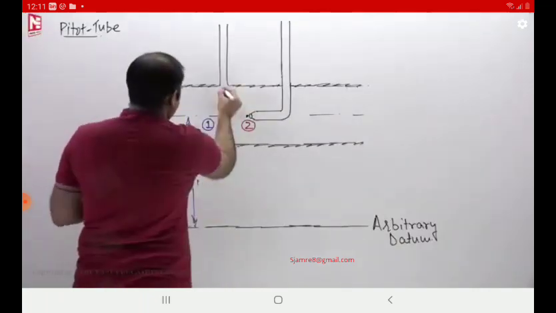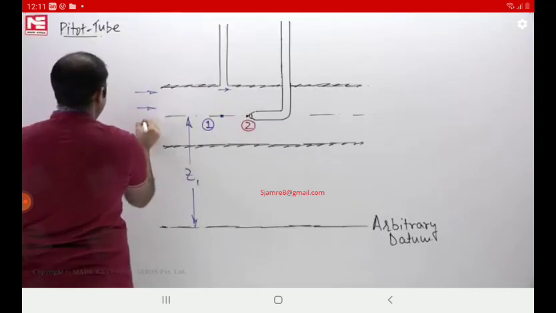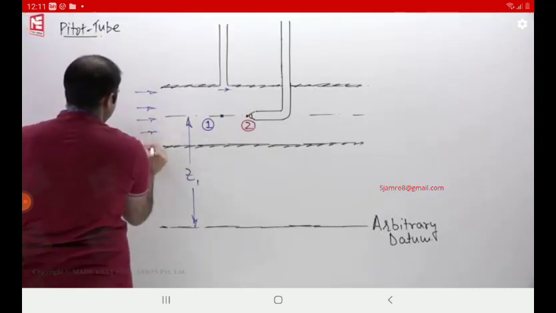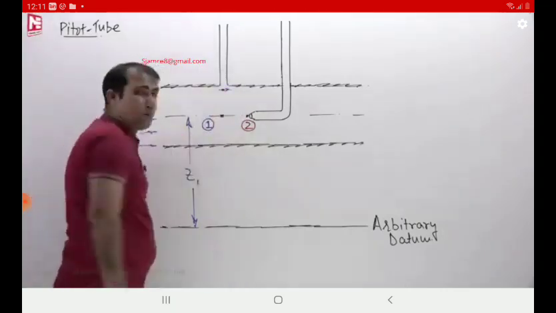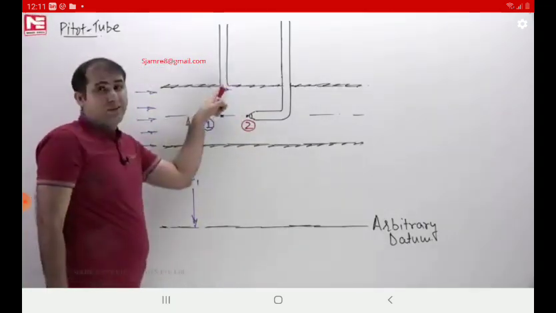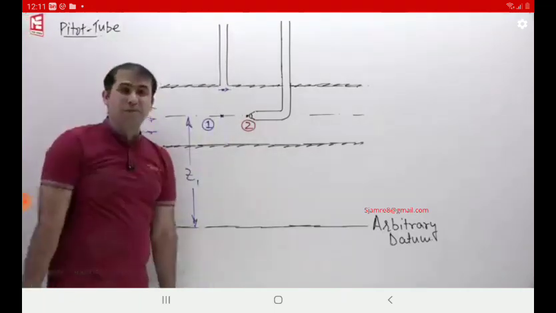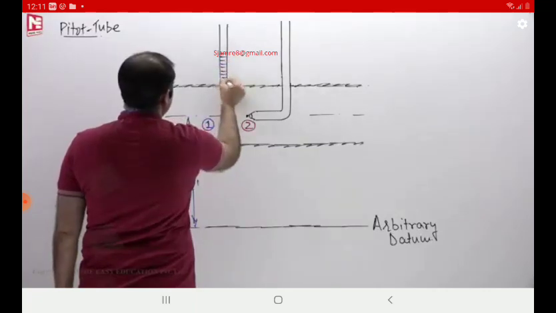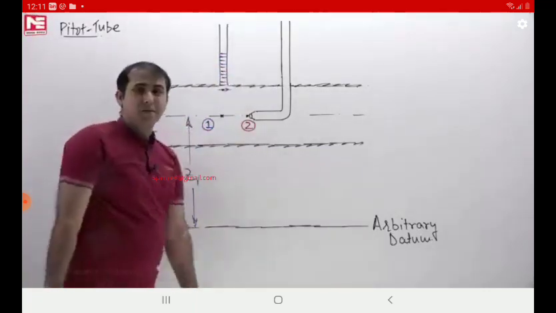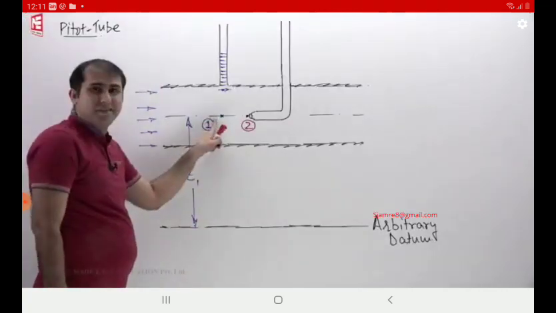Whatever be the pressure here, the flow direction is this. Whatever be the pressure here, pressure is acting here anyway, and if you break the wall and put a piezometer, then ultimately it is going to show a level here. Or you are interested to talk about the pressure head here.